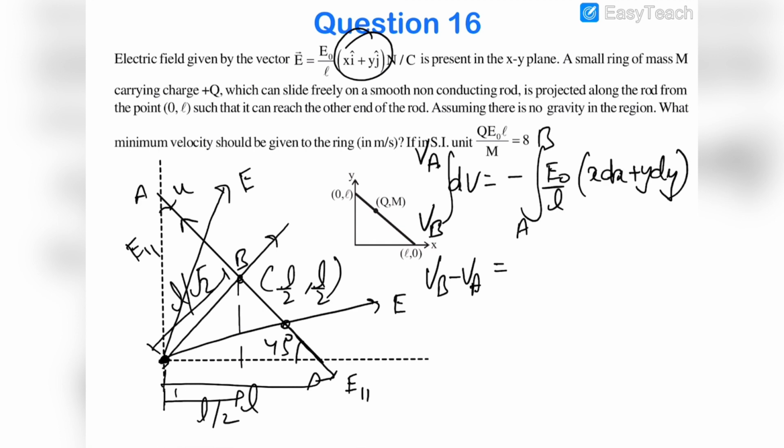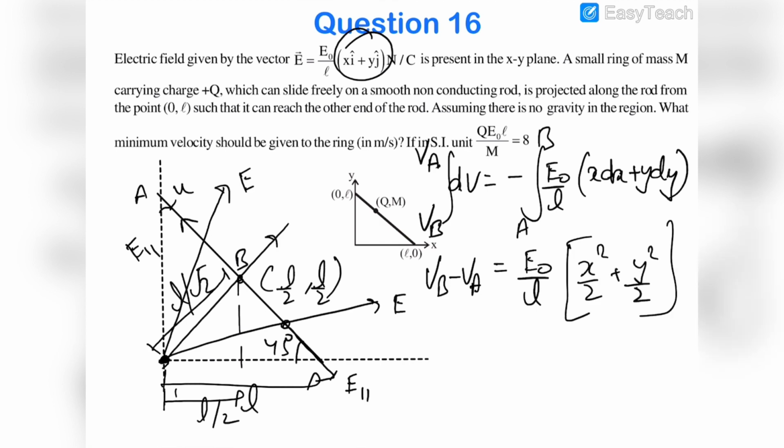Okay, so this minus sign is adjusted, and this is VB minus VA, and this is E naught by L, and the integration of this term would be x square by 2 plus y square by 2. Now the limits: the limit of point A will be (0, L), and the limit of point B will be (L by 2, L by 2).